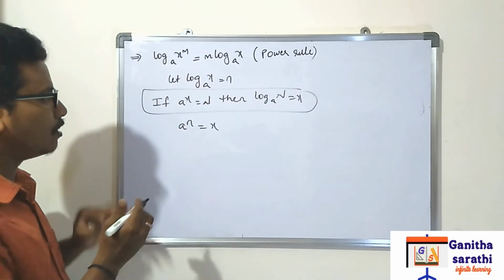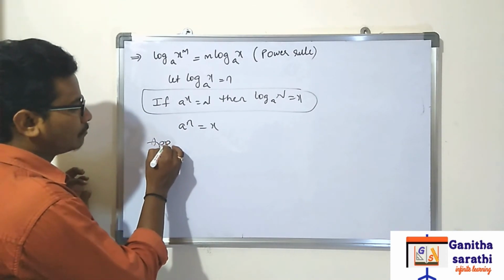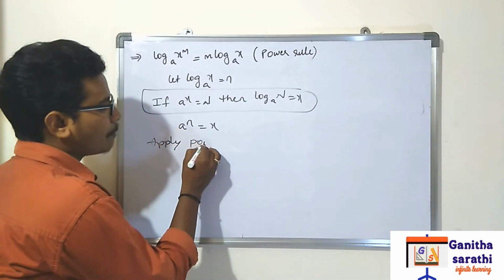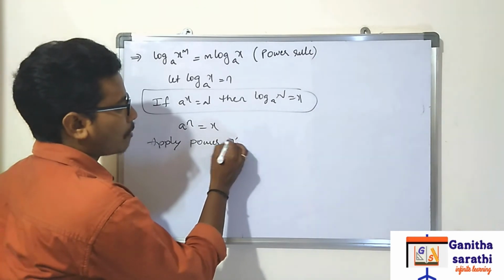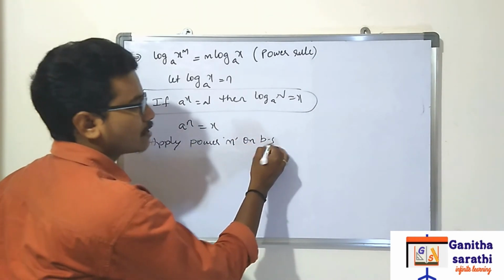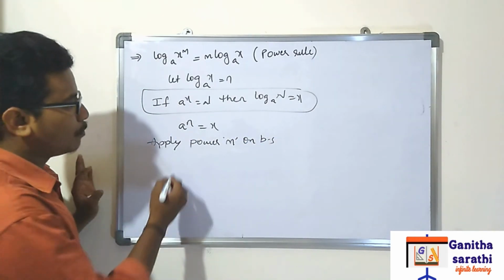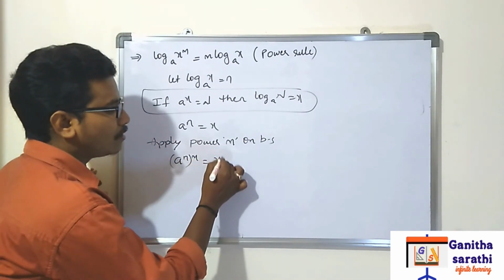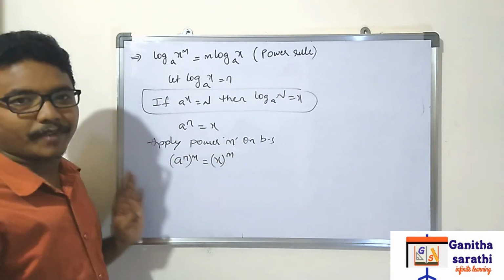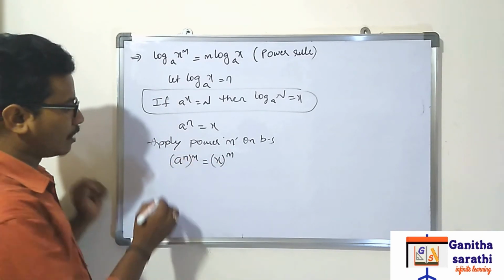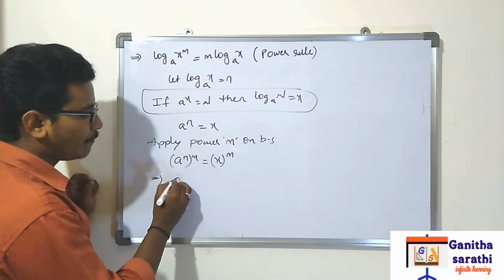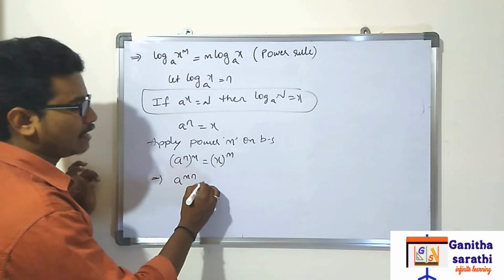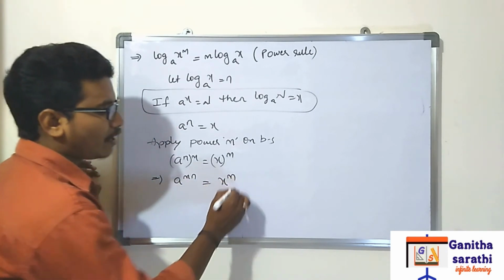Now what should you do? Apply power m on both sides. a power n whole power m is equal to x power m. Now a power n into m will be a power mn is equal to x power m.